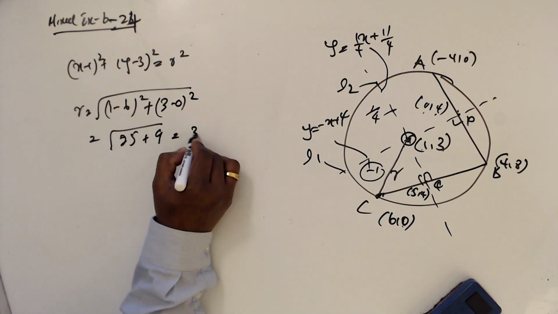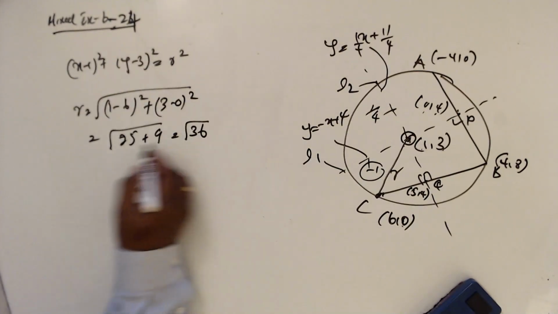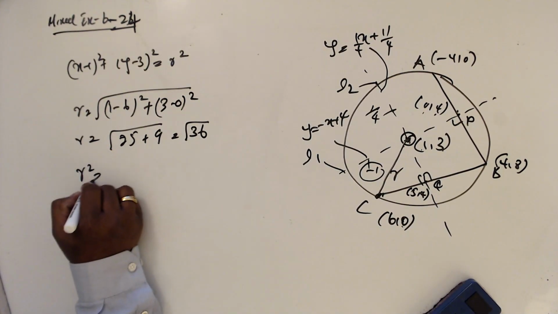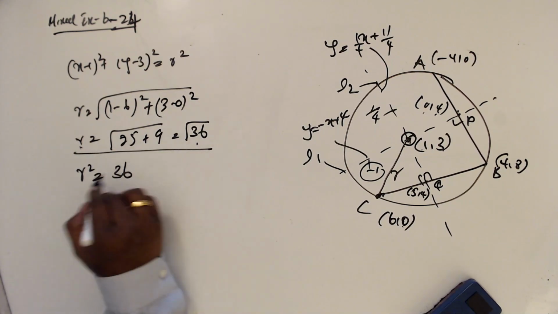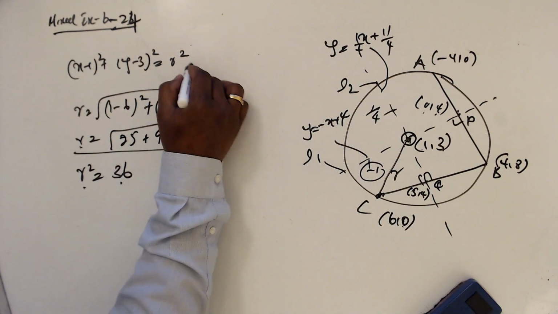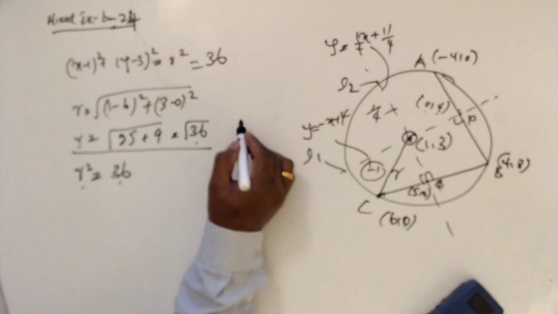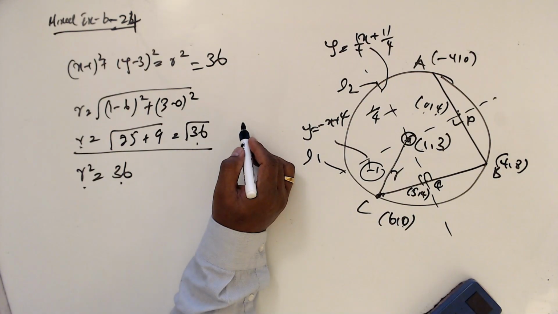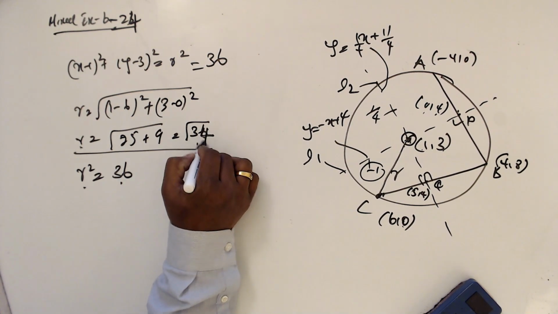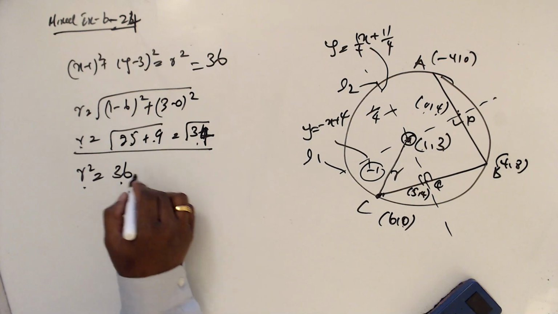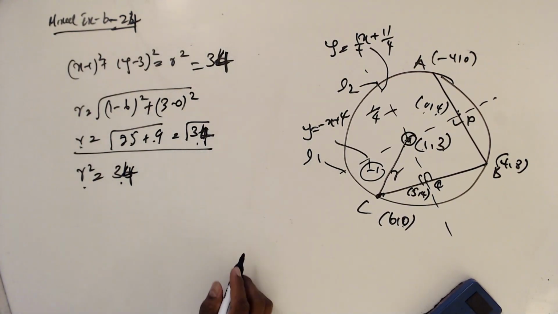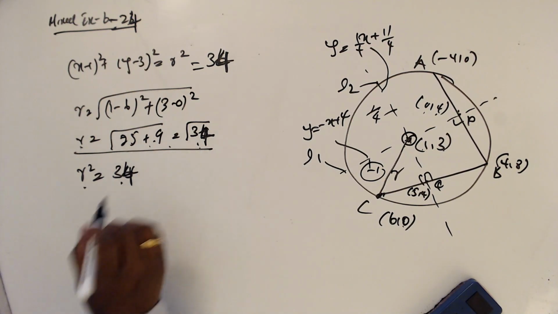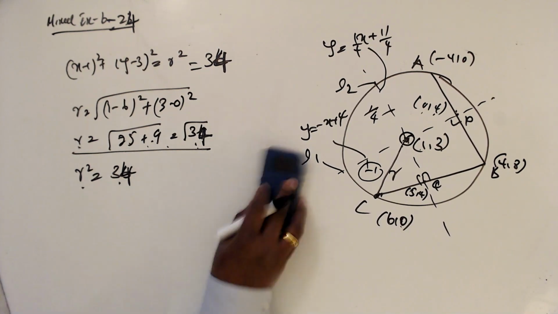So r squared equals 34 actually, because 25 plus 9 is 34. I'll work this sum differently.